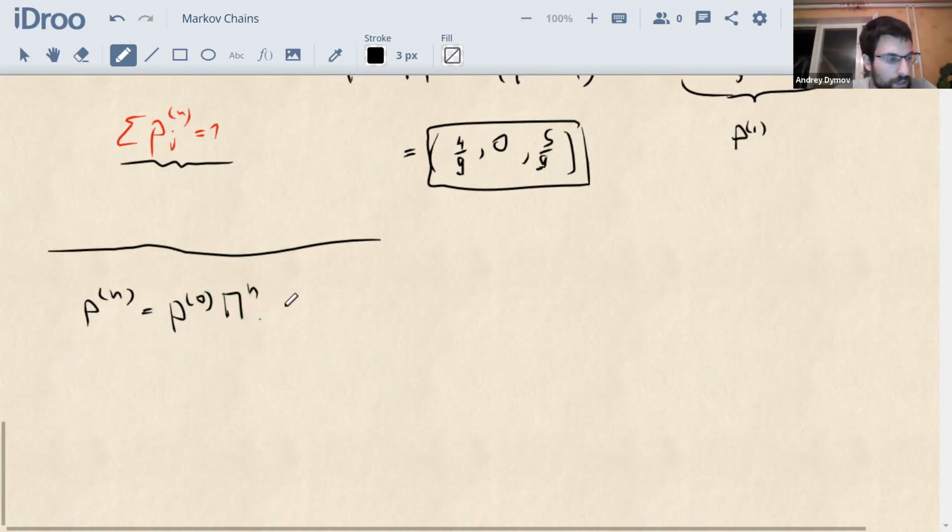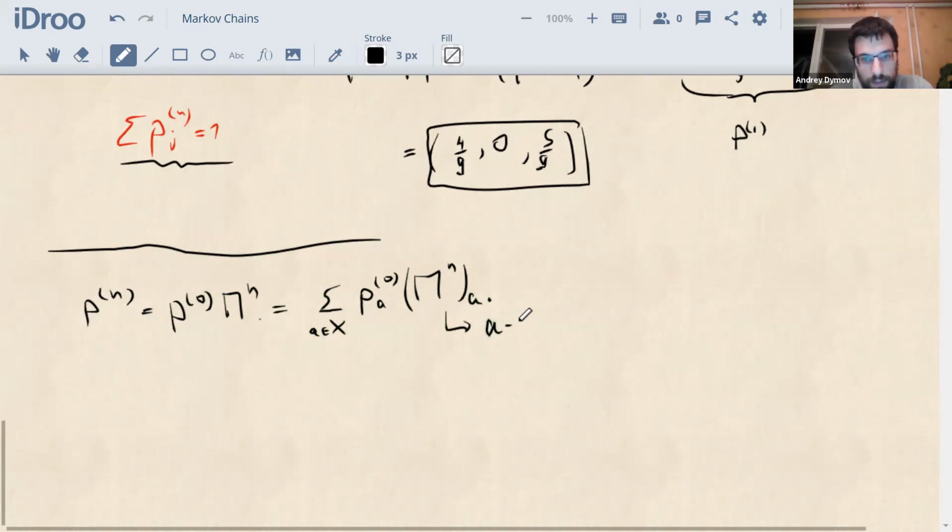Let me write it as follows. Sum over all elements A of my state space, P_n(A, ·). This is the row number A of the matrix P^n.